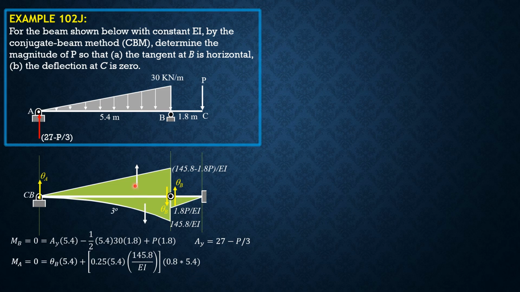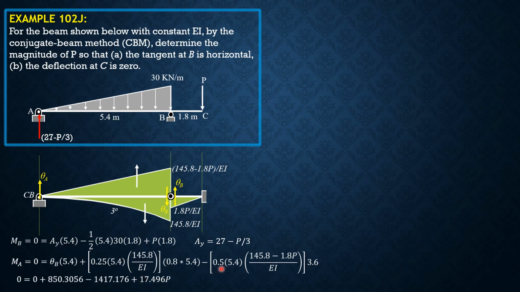Then minus 1/2 or 0.5 of 5.4 times quantity 145.8 minus 1.8P over EI, and this moment arm is 2/3 of 5.4, which is 3.6. Because this is 0, simplifying, theta B is 0. So the constant would be 850.3056.